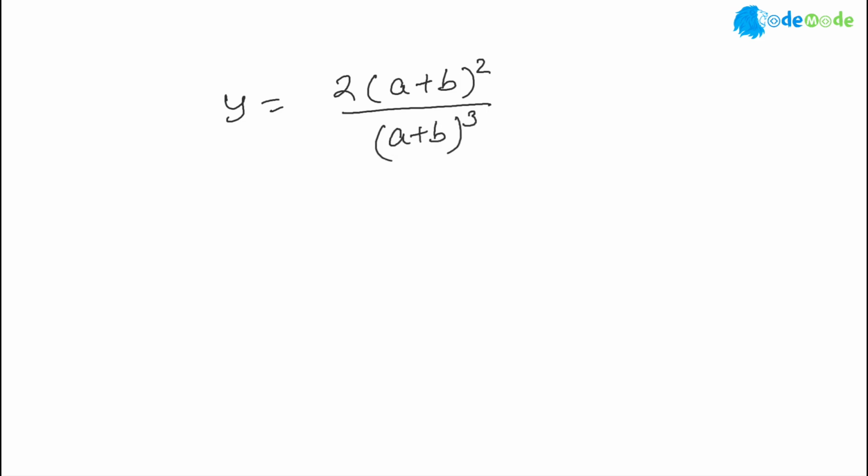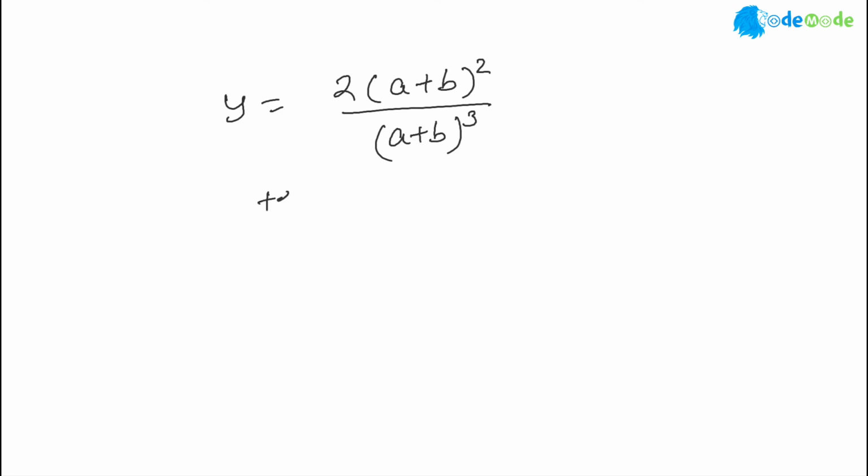So in this example, I'll say y equal to 2 times (a plus b) square, divided by (a plus b) cube. I'm just giving an example. I know you can cancel it out now, but let's say I'm not canceling it out.